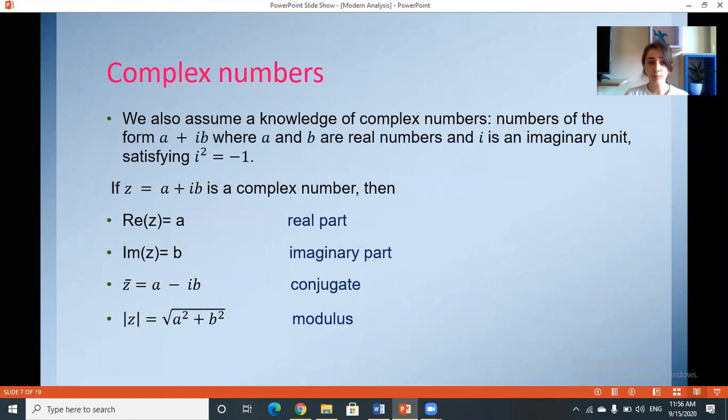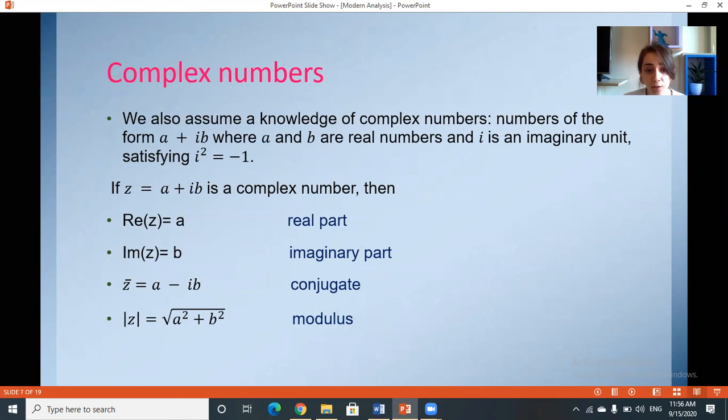Complex numbers. What about complex numbers? We learned complex numbers in the previous term. I think you do not have any question about complex numbers, but if you have any question, please let me know, comment below.